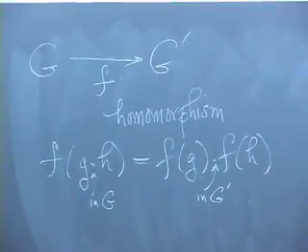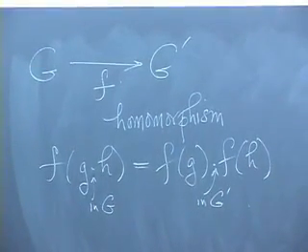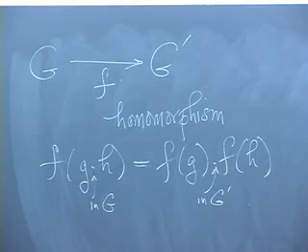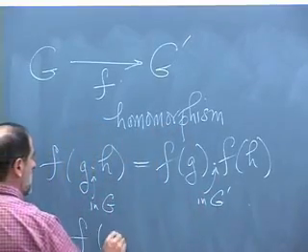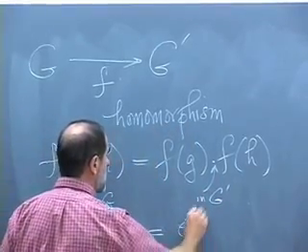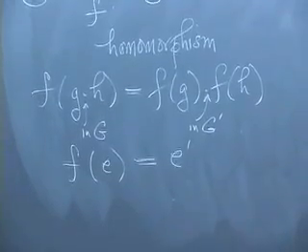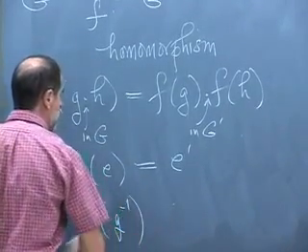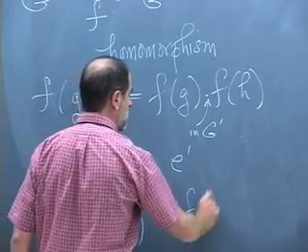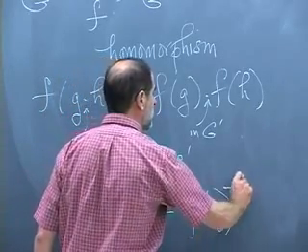So the analogy is like a linear map between vector spaces. It takes the addition in one vector space to the other. It takes scalar multiplication to the other. Now, some simple properties of homomorphisms, which you establish in the homework, is that it always takes the identity to the identity. And if you apply it to the inverse, g inverse, that happens to be the inverse of f(g).